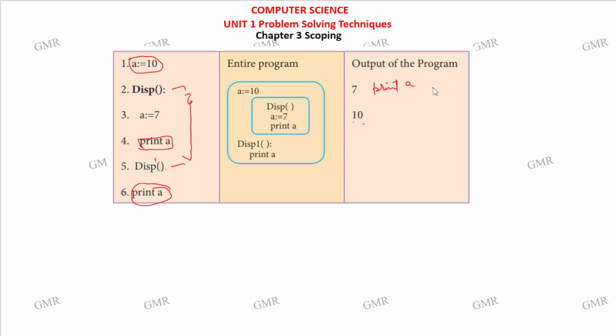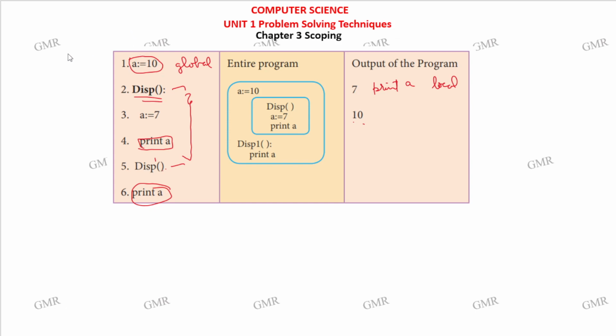Here it is local scope, and this a has global scope. Why we say it is local: it is given the value 7 only within the display function, not outside the function. But look here, the value 10 is declared globally. So whenever we call a outside, it will be displayed as 10. This is global scope.